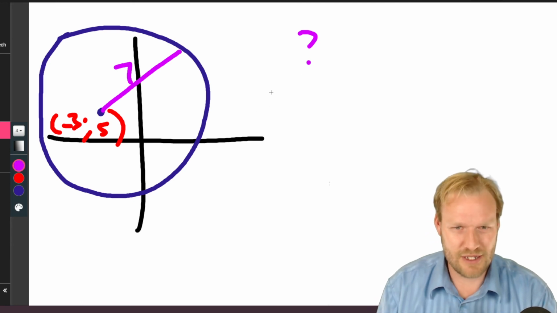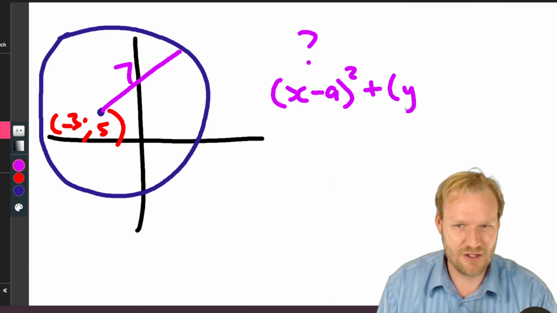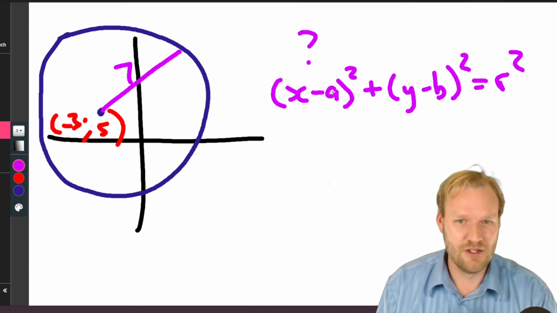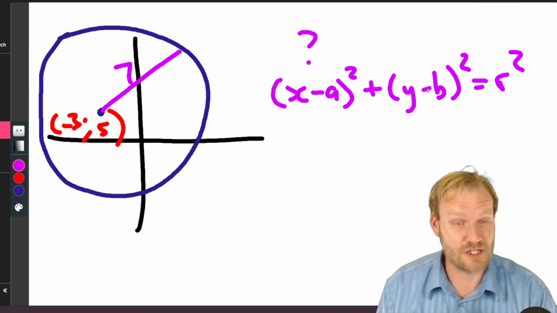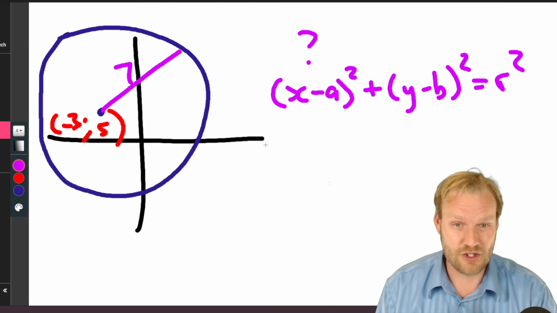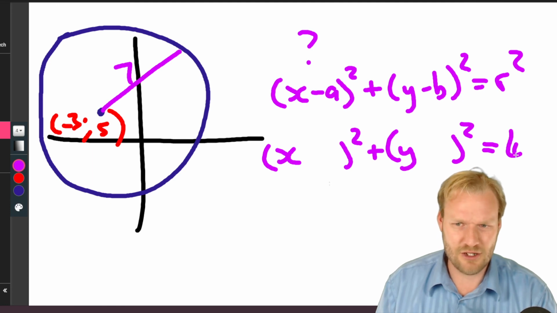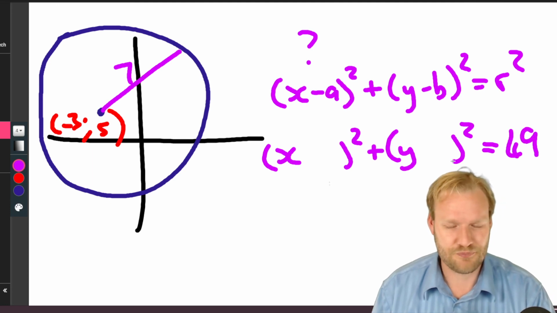Well, remember our general formula was (x - a)² + (y - b)² = r², where a and b are the x and y values respectively of the center. So in this case, we've got (x - a)² + (y - b)² = r², and r² is easy, that's 49.